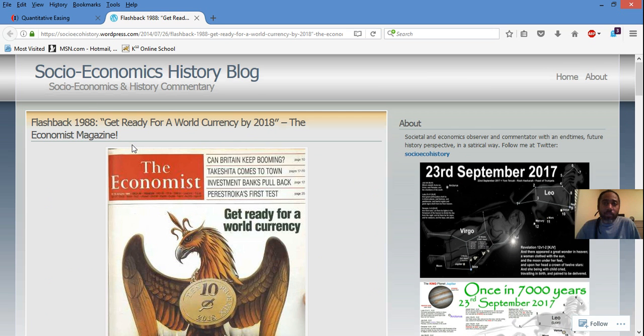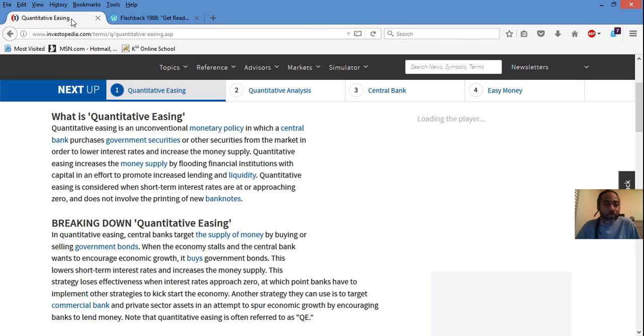So first, let's look at what quantitative easing is. Investopedia says, what is quantitative easing? Quantitative easing is an unconventional monetary policy in which a central bank purchases government securities or other securities from the market in order to lower interest rates and increase the money supply.